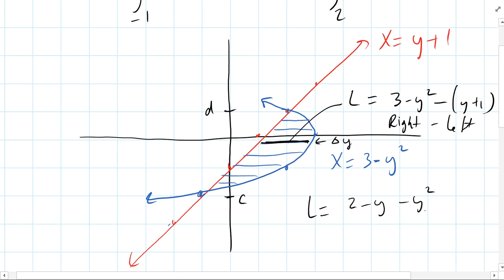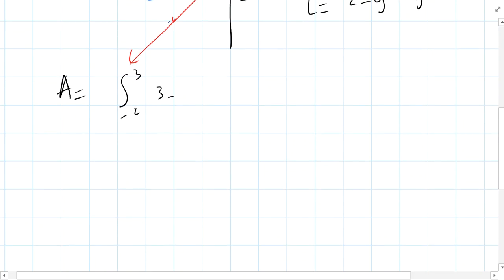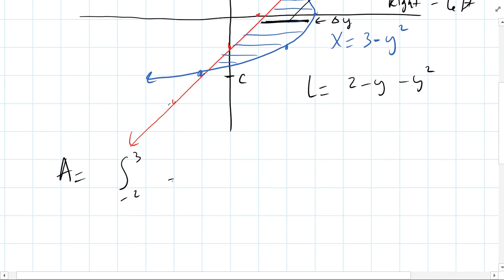Is that going to be a heck of a lot easier to integrate than x with all that stuff in a radical? I already simplified it. So it's going to be 2 minus y squared dy. We can integrate that right now.